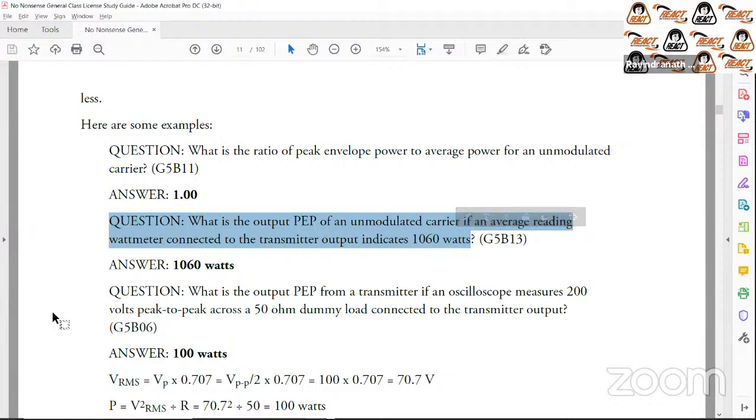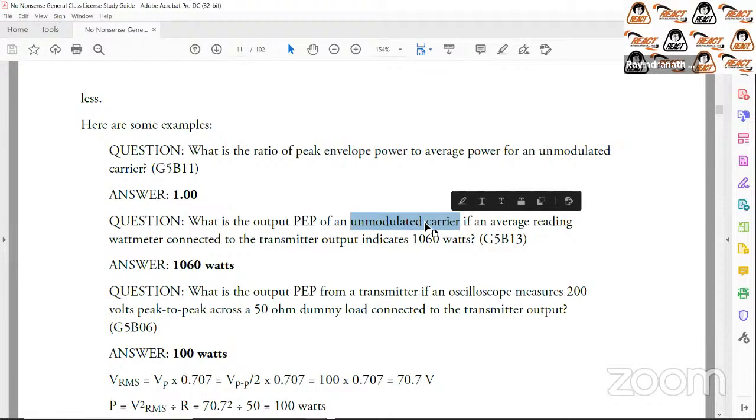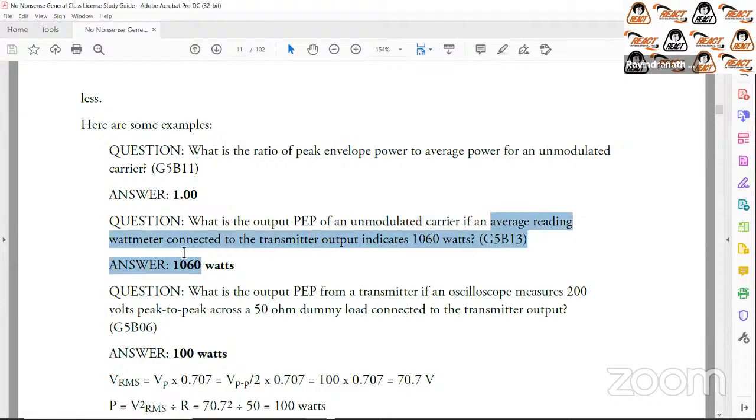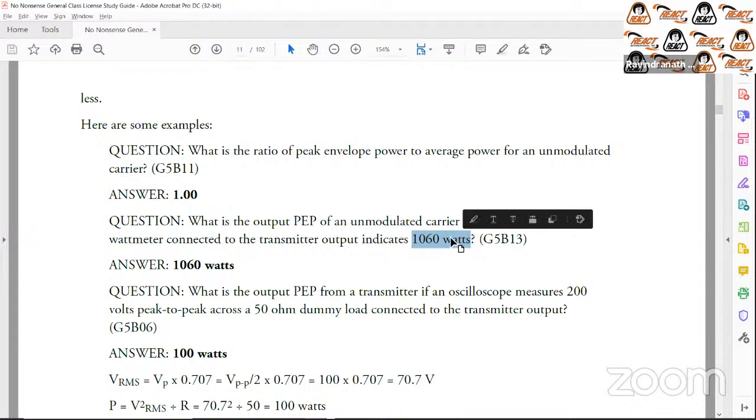Well, they have just introduced a whole lot of additional information that is useful, but the focus of it is the fact that it's a peak envelope power that they're talking about, and it's an unmodulated carrier, so therefore it's similar to the previous question. And they're telling us about the average reading is 1060 watts. But what did they learn last class and just now from the previous question about an unmodulated carrier? The maximum is equal to the average.